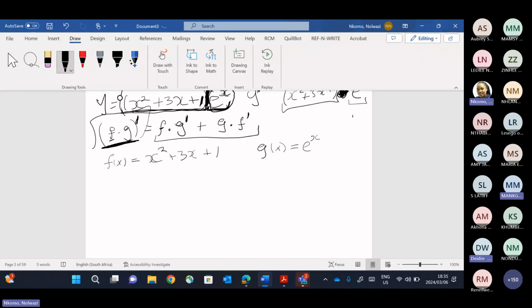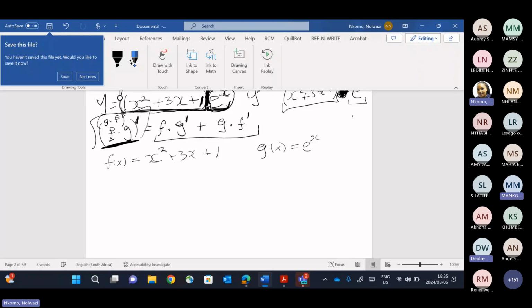Remember, f and g are just dummy variables. It's just the way I wrote the formula. You can even have the derivative of g times f. That's why any of the functions can be f or g. Okay, thank you.